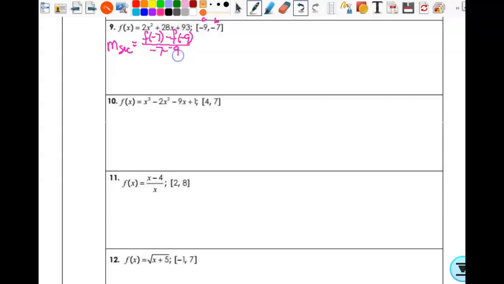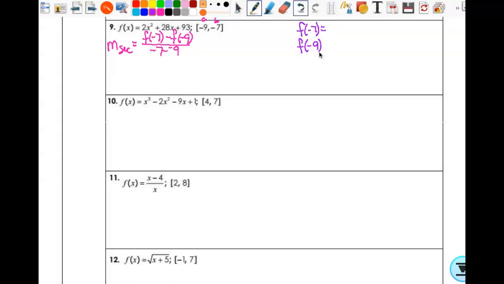Okay? And you may think it's stupid to have to write that out, but I'm telling you, you're going to have to do this kind of thing in questions that seem really complicated and they're not, and you need to write that so that you can then think about what you need to go find when you have to go find it differently than just looking at a question like this. So then, things we need: f of negative 7, right? And we need f of negative 9.